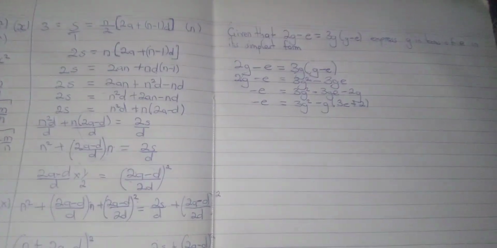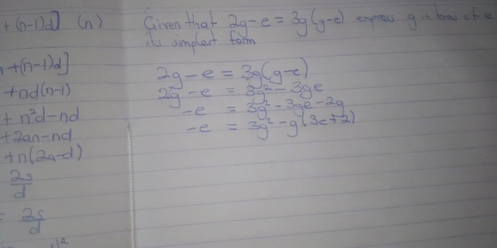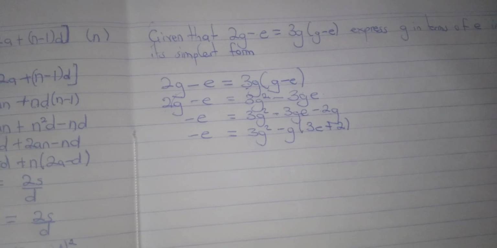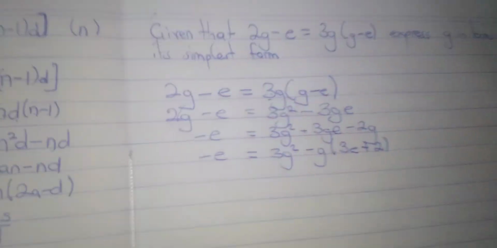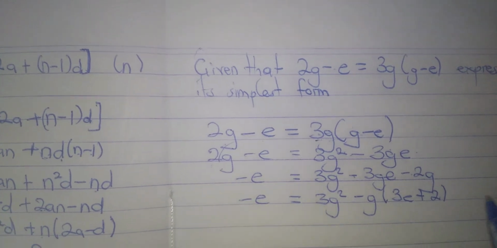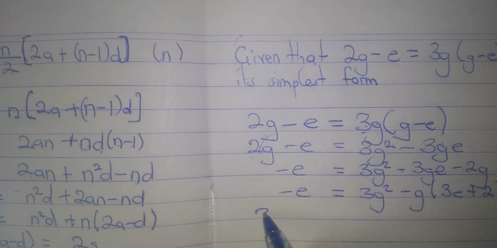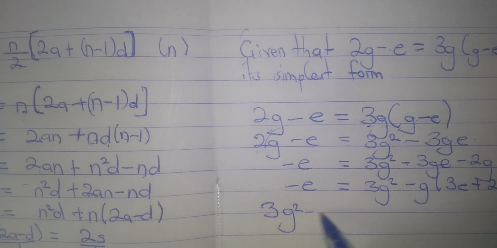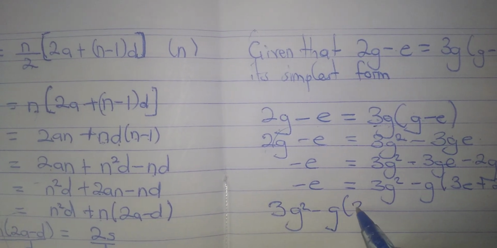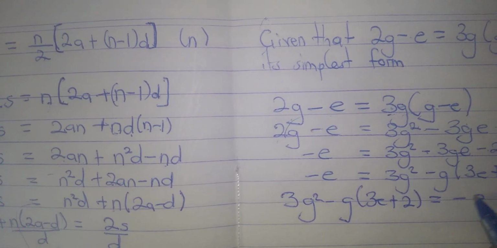So from there, we shall have to complete squares. So I'll put what is on my right to my left, whatever you want. You can use any alternatives you want, or you can just simply do it from this side. So do whatever you want. I can just take this to my right: 3g squared minus g into 3e plus 2 equals negative e.